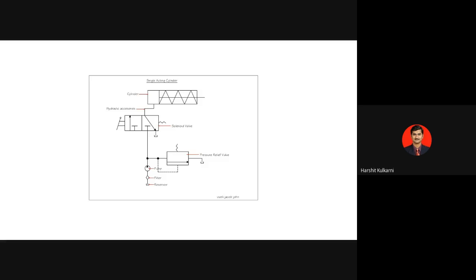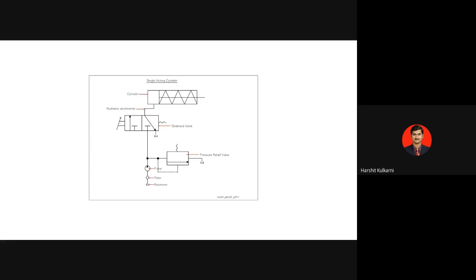Now I'll open that block, so the B port will be activated. So now what happens? By default, P will get connected to A and B will get connected to T. Oil will go from P port to A port into the blank end, and from the rod end it will go to B port and to the tank. And in the other position, crisscross.